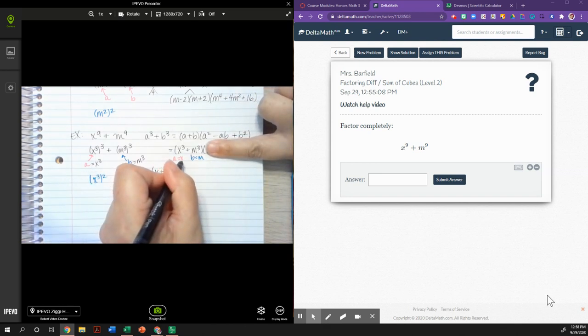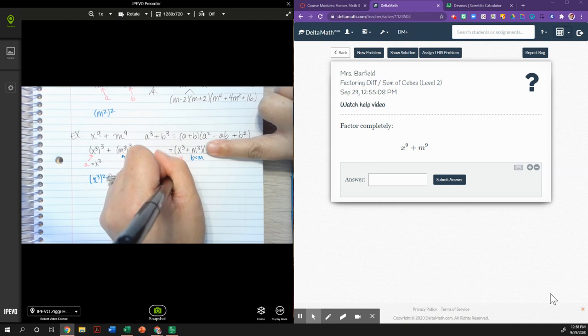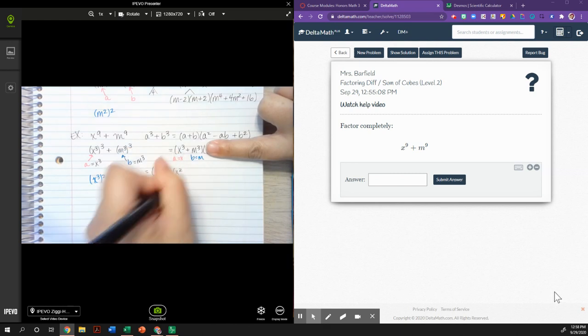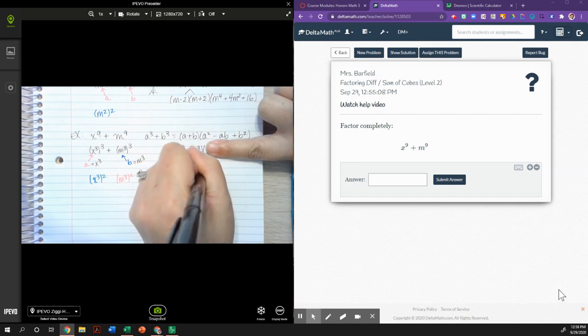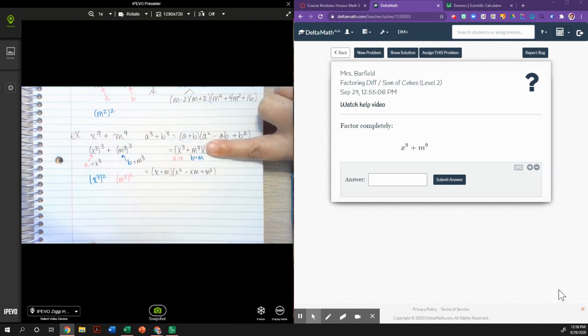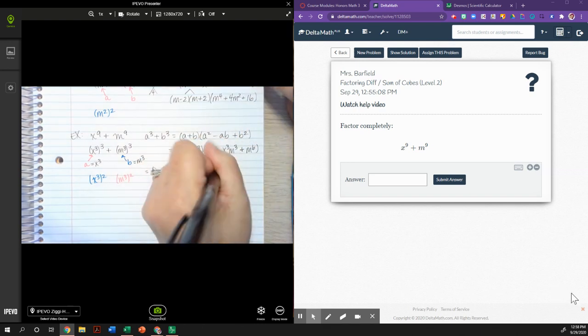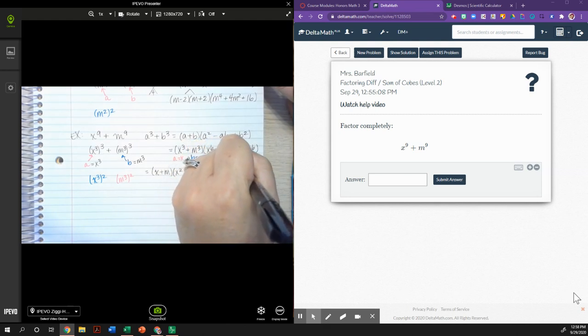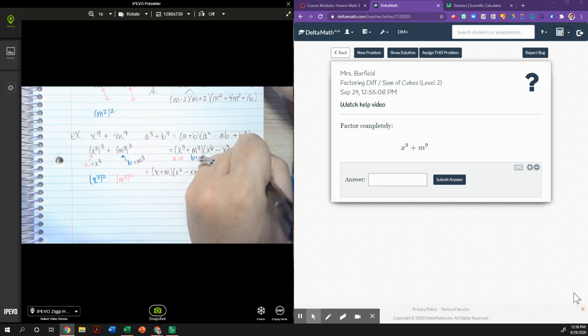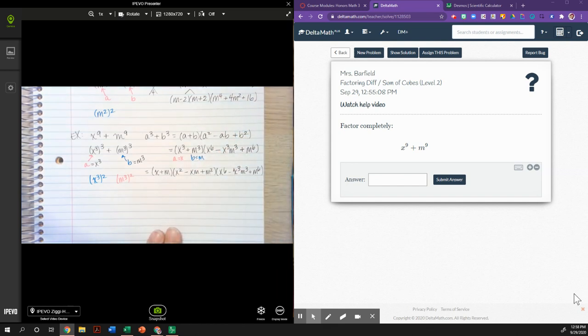I'm going to take x and square it, then minus, multiply it, so xm plus m squared. And then I'm going to recopy this monster: x to the sixth minus x to the third, m to the third plus m to the sixth. I know that's a bit much, but that's what we're looking at.